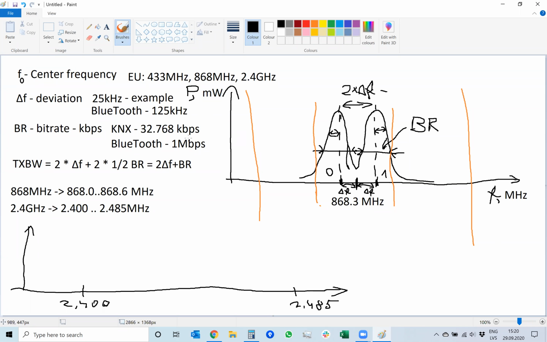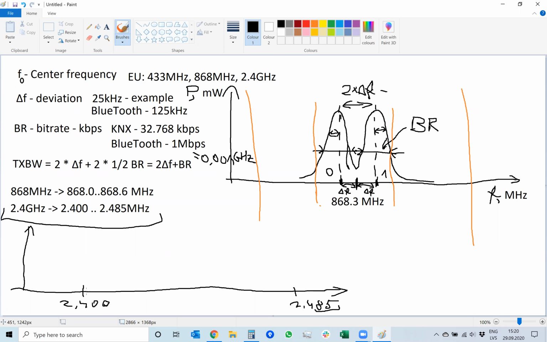So as you can see, Bluetooth bandwidth is only 0.001 gigahertz, and as a result, in this band you can fit 85, well actually 84 Bluetooth signals, because each one of them is only 0.001 gigahertz.